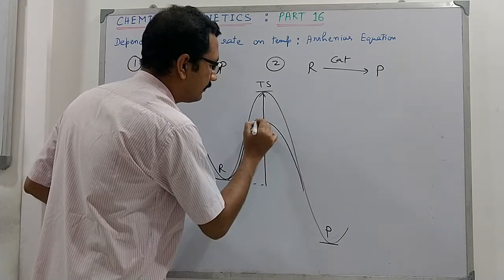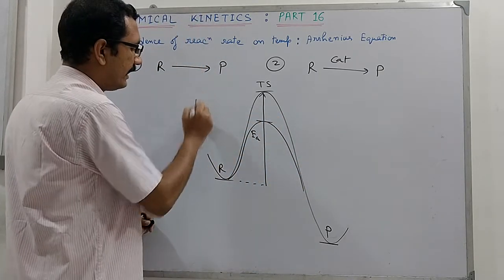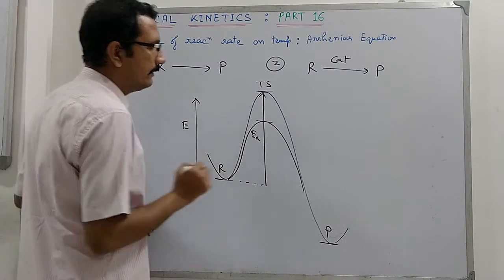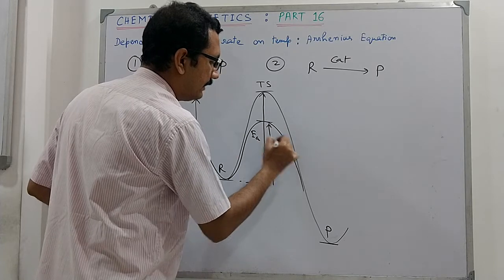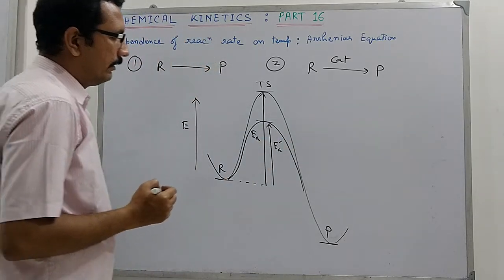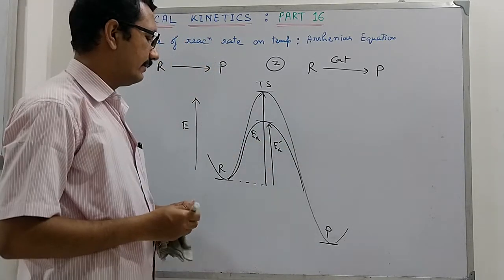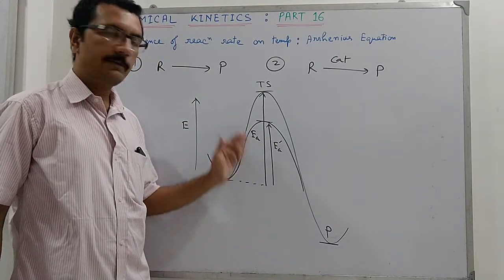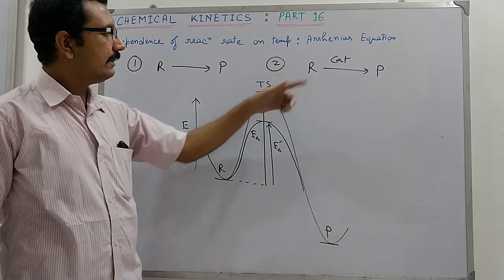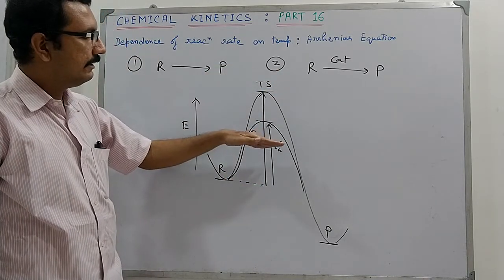So in presence of catalyst, this is the energy profile diagram. This is the energy axis, and the activation energy required in this case is EA prime. So less activation energy is required. Now, keeping the thermal energy, that is the temperature of the system, constant, if you apply catalyst, there is a decrease in activation energy.